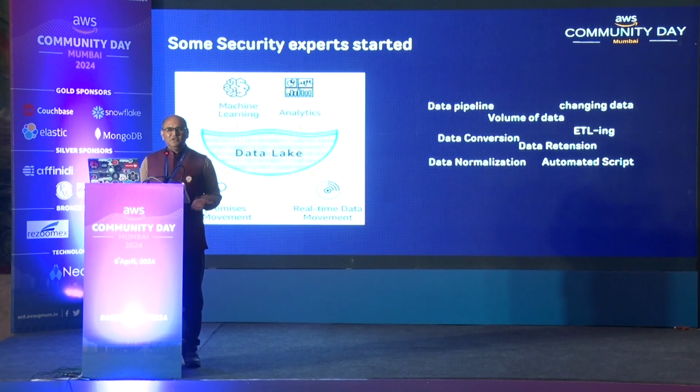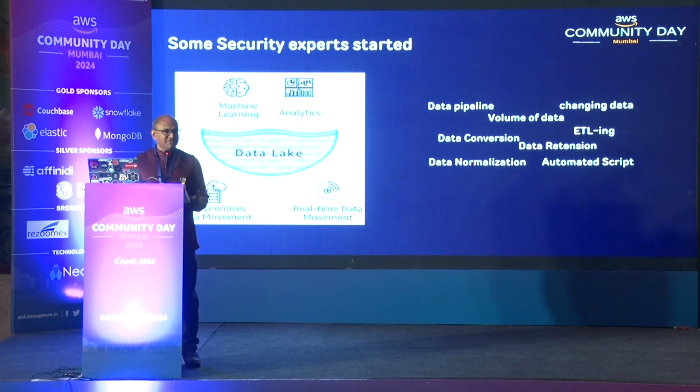But what did they need to do? You need to manage a lot of things: data pipeline, volume of the data, changing data, data conversion, retention, data isolation, permissions, right, everything. Some of the things are provided by data lake, but it is purely for data, not for security data. Security data has some different asks, right?